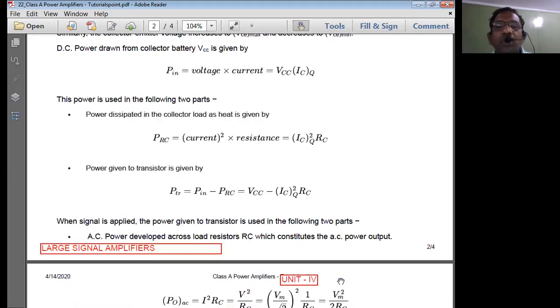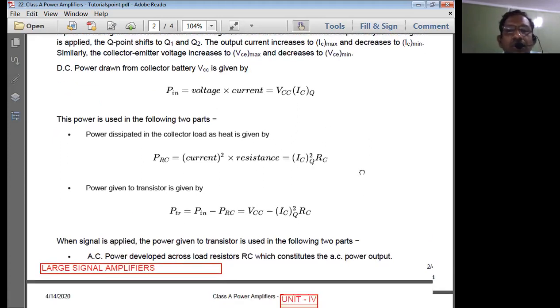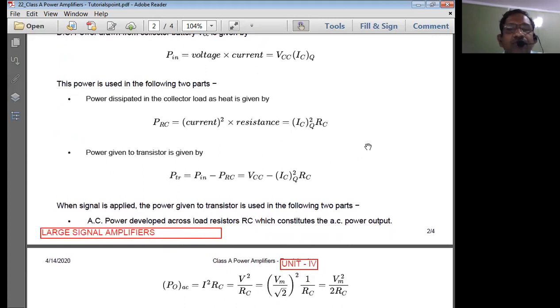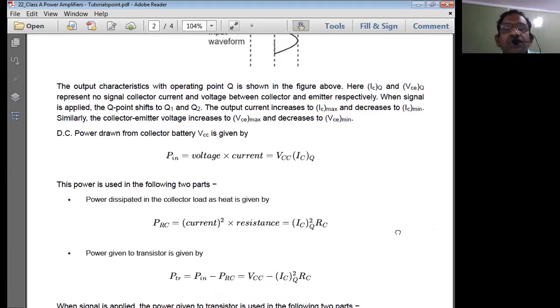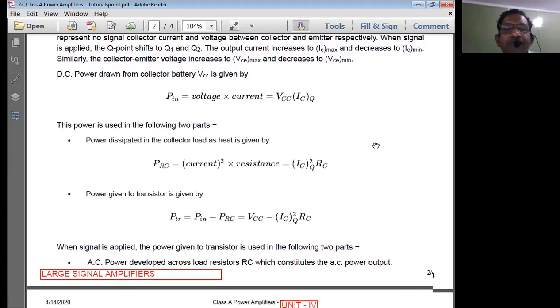Now the input power is divided into two parts: the power given to the transistor and the power dissipated. The input power is VCC into ICQ, and the power dissipated is ICQ square into RC.